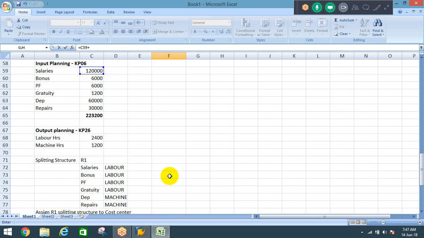At implementation, we create this and assign it. We will not do this every year. It is just a one-time activity. Splitting structure is a one-time activity. We will create it once. In future, if you create any GL accounts or cost elements, you may need to change it. Otherwise, it is not required.